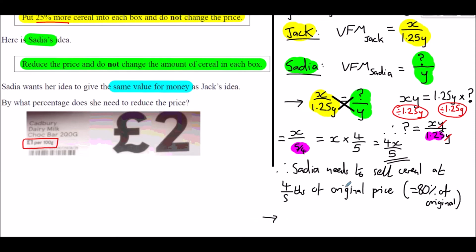So she's gone from selling it at 100% down to 80% to match Jack's value for money. She's knocked off 20% of the original cost, because 100 minus 20 is the 80% she needs to be selling it at. So the percentage she needs to reduce it by, she needs to reduce it by 20%.